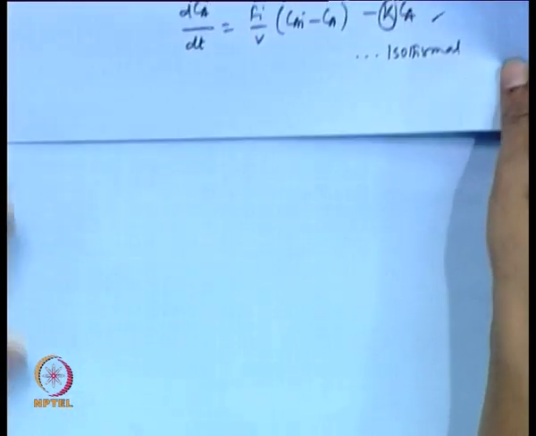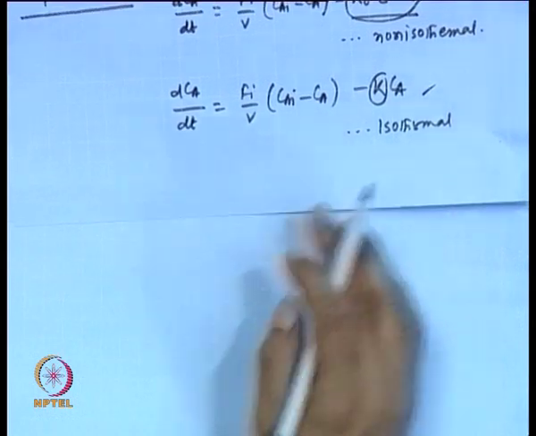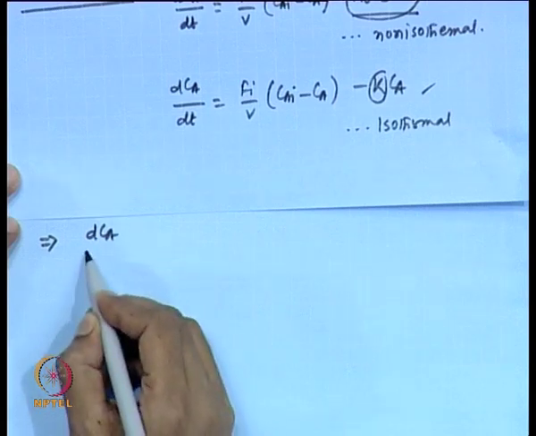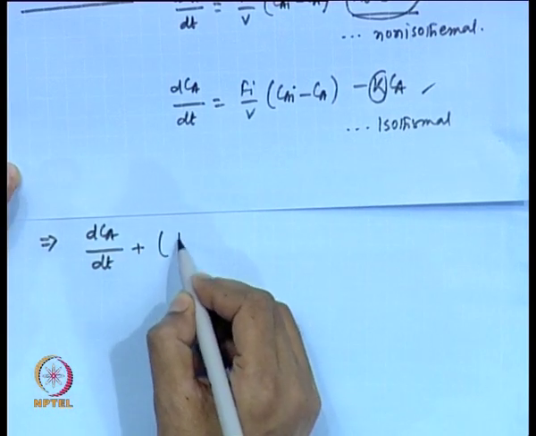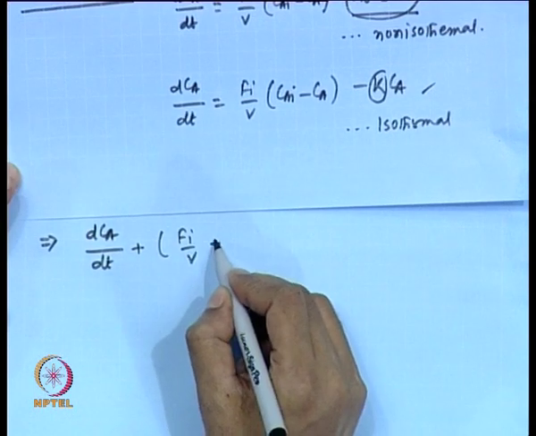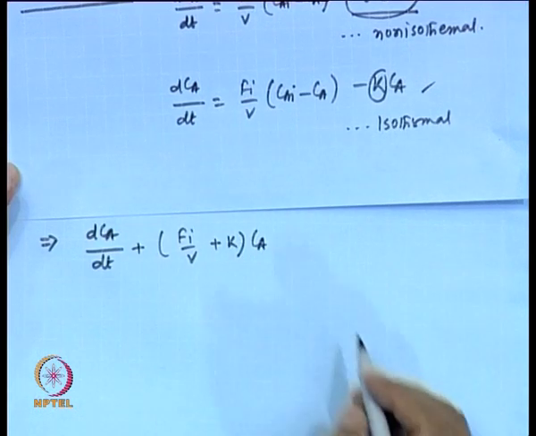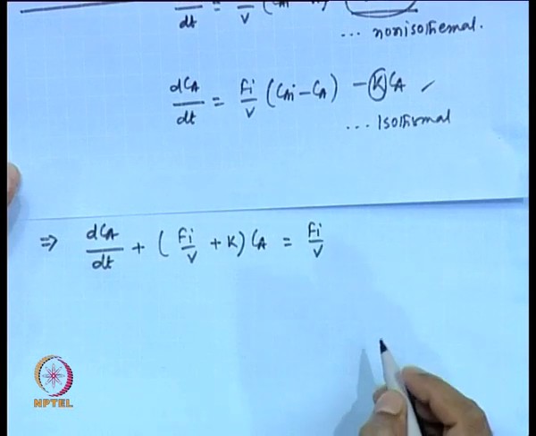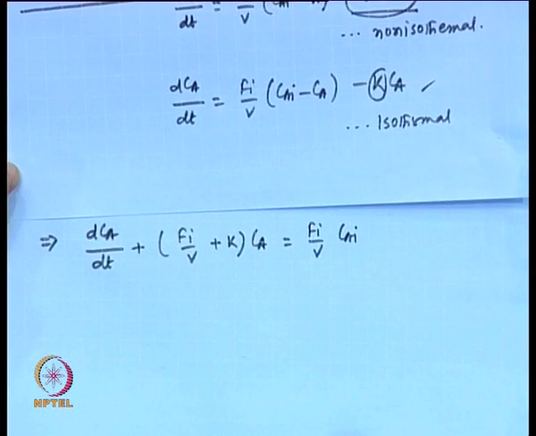Now, we can write this equation in this way: dCA/dt plus Fi divided by V plus K multiplied by CA equal to Fi divided by V multiplied by CAi.